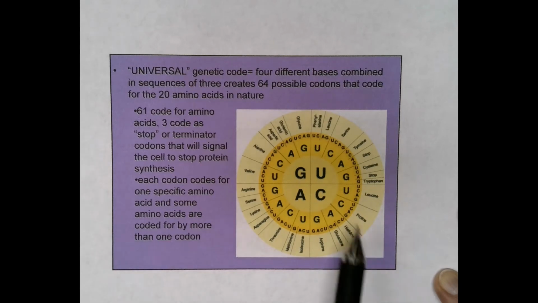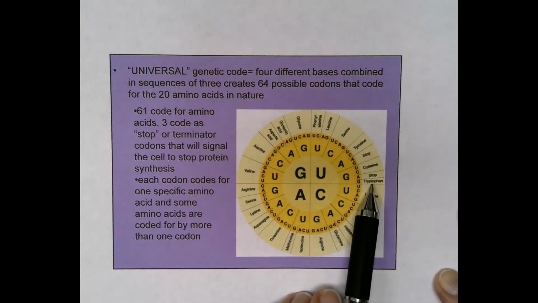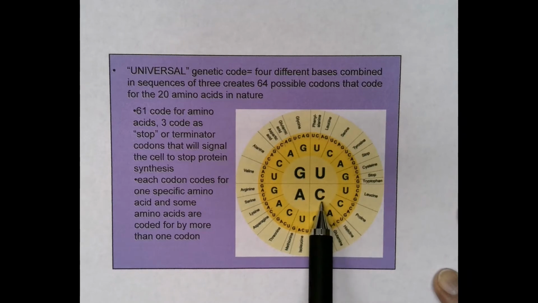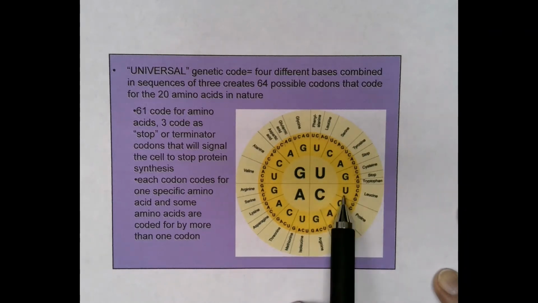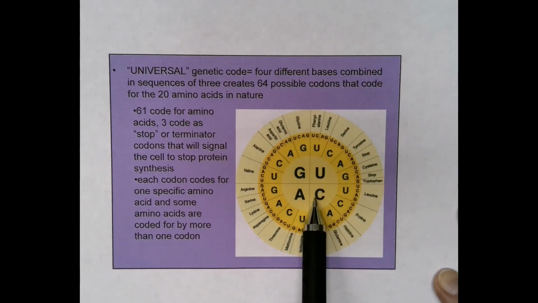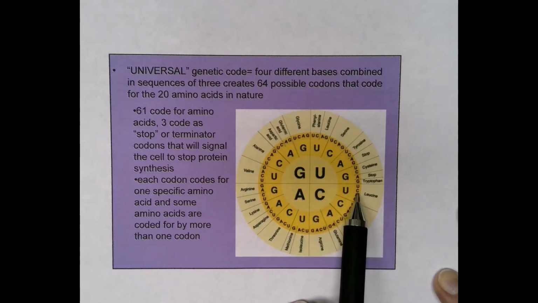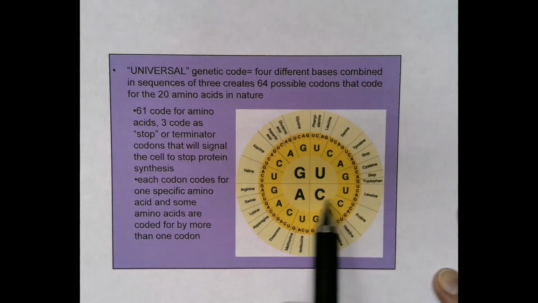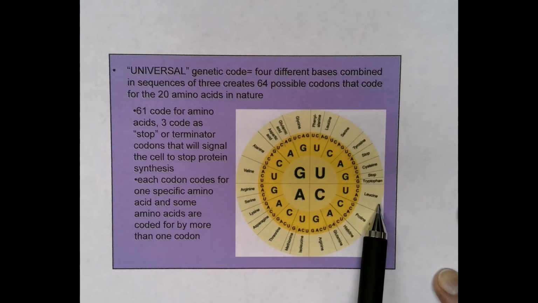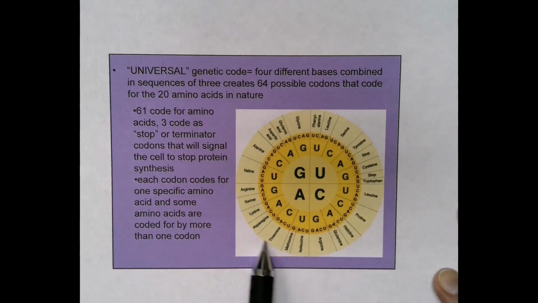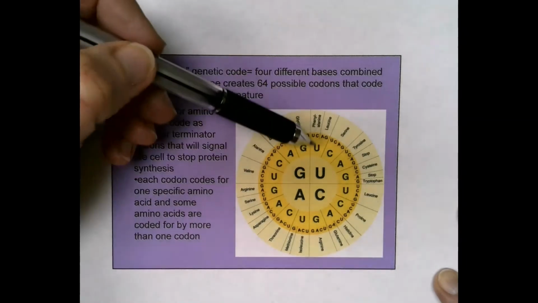So for example, UGG codes for tryptophan. That's the only codon that codes for tryptophan. But one of the first ones I gave you was CUU. Notice that not only does CUU, but also CUC, CUA, and CUG code for leucine, right? Leucine is not anywhere else. Oh, yes, it is. Sorry.